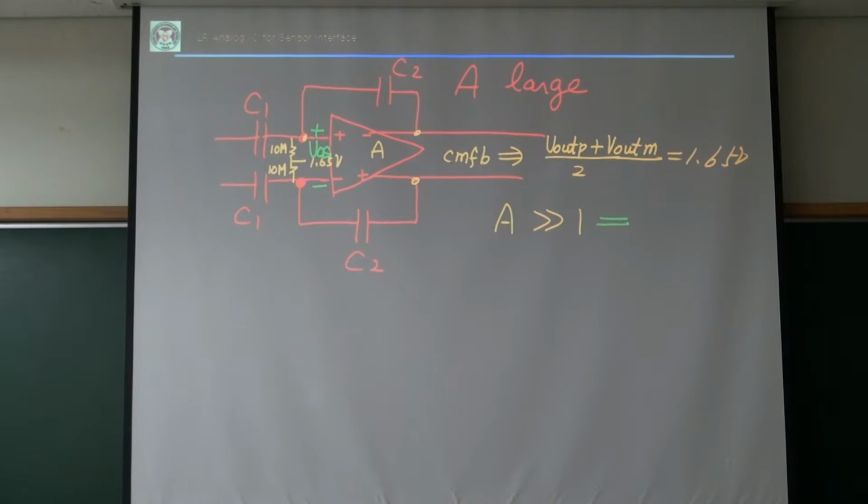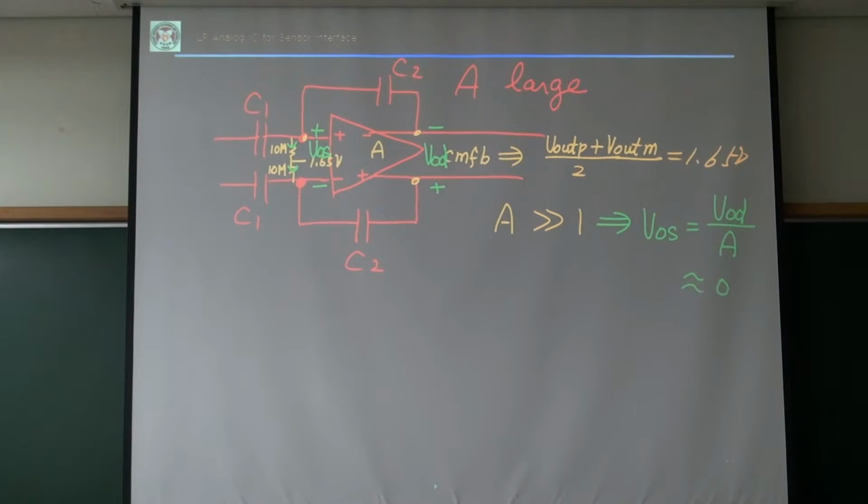This offset voltage is very small. This is actually the output voltage, the differential output voltage divided by the voltage gain, close to 0. Then I can neglect the current through these 10 mega ohm, 20 mega ohm resistors, okay?